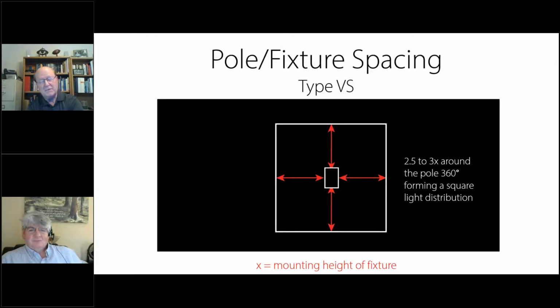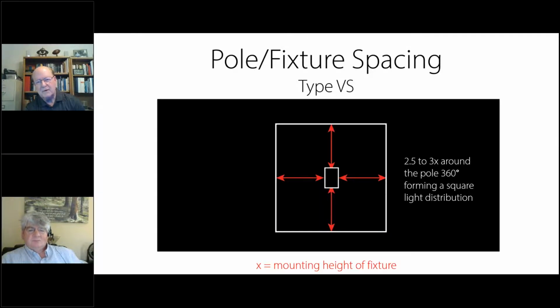So we know that the shape of that patty is square, it's not round. So Dave, when he came up with this, he cooked those hamburgers on a square or rectangular grill. So this is what Don was talking about. The light pattern is square. Yes, it's still symmetrical, but it's more in a square shape. So you're really putting the light exactly where you need it into that square shape of the parking or area that you're lighting.